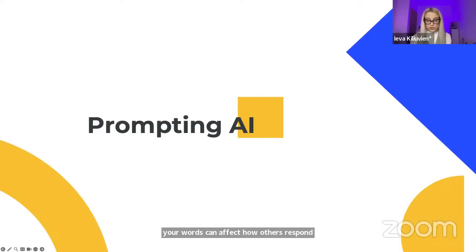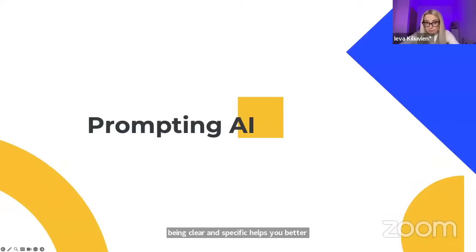So, the same is true when prompting a conversation with AI tools, with a question or request. So, just like with humans, being clear and specific helps you get better results.